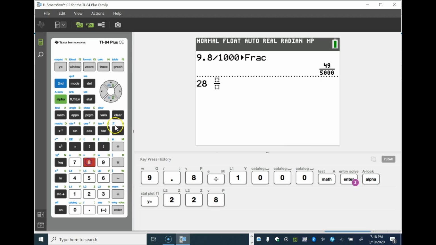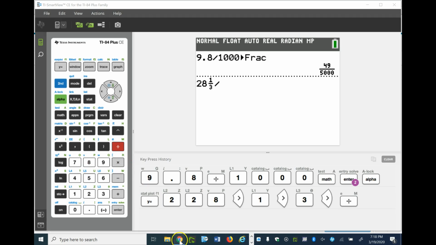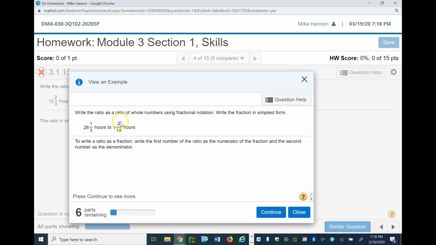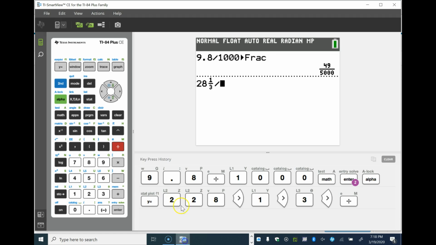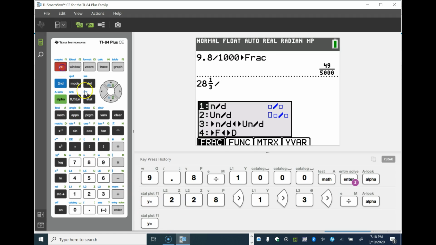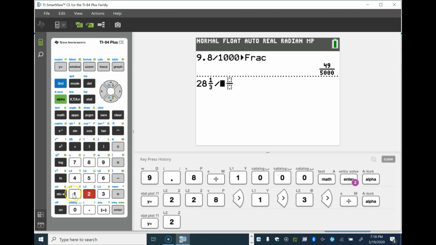So 28 1/3. Slide it over, make sure you see how it's still underneath here, so we can start fresh. Hit divide, and let's go get the other number, which is going to be 1 and 2 over 15. So number 2 again, 1 and 2 over 15. And then again, you slide it over just to make sure we're done with it.